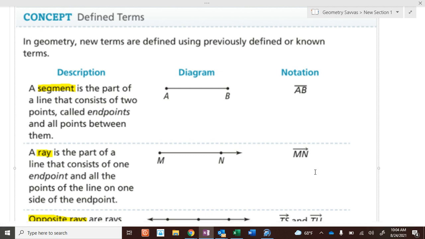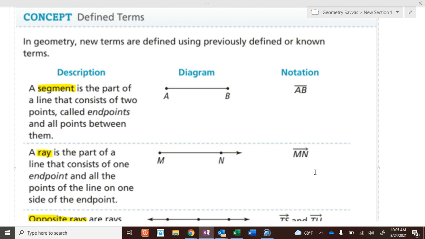A segment is part of a line, and it has 2 endpoints. And it contains all the points in between those 2 endpoints. So a segment is part of a line.